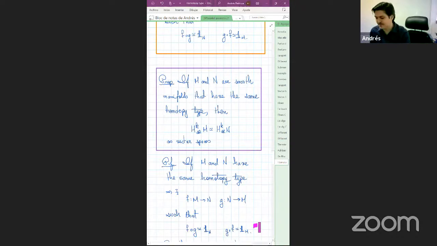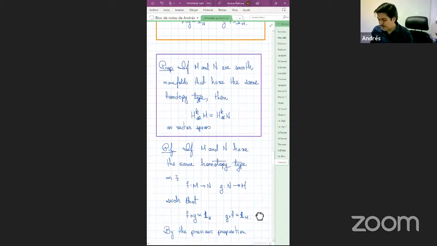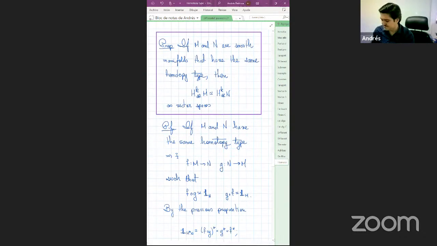And the same here. Now let's use the previous result. Homotopic maps induce the same map in cohomology. Then we know that the identity map induces the identity map in cohomology. And now homotopy goes to equality in cohomology.